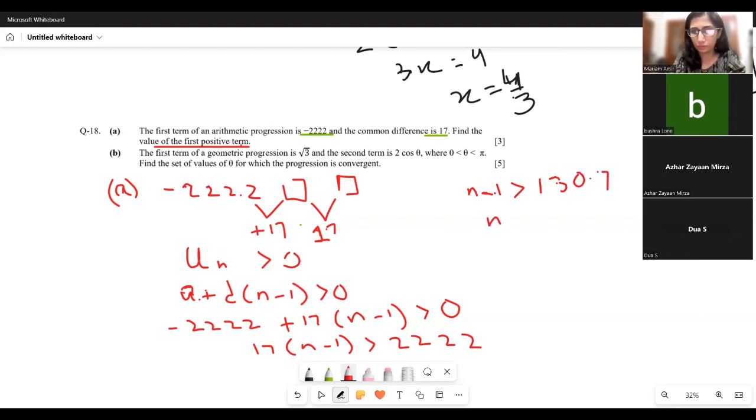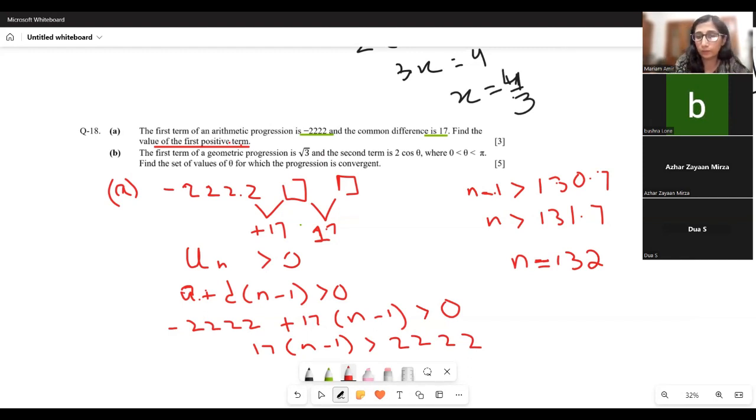So n is going to be greater than 131.7. So the first value of n that's going to give us a positive answer is going to be 132. So for the 132nd term, the answer is going to be positive.